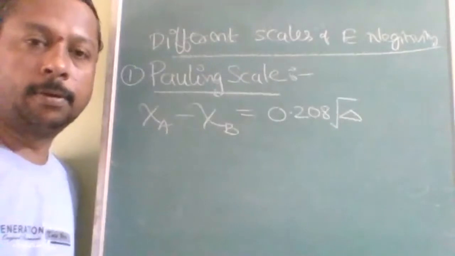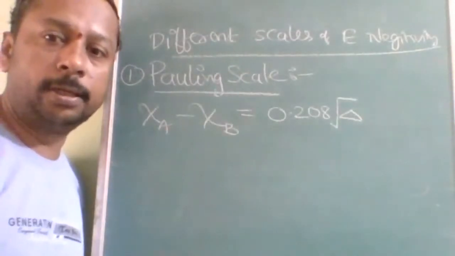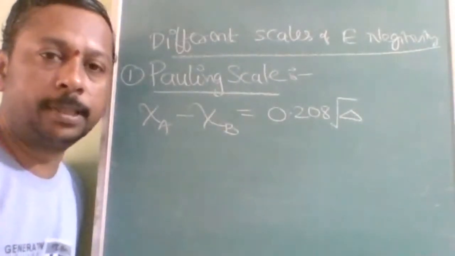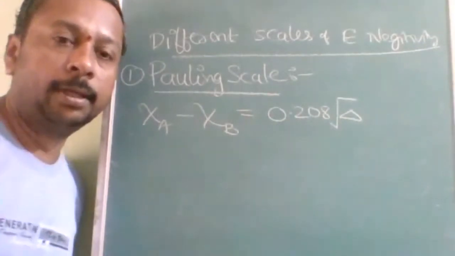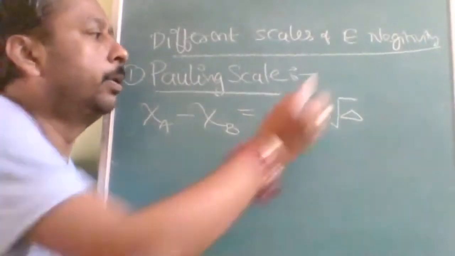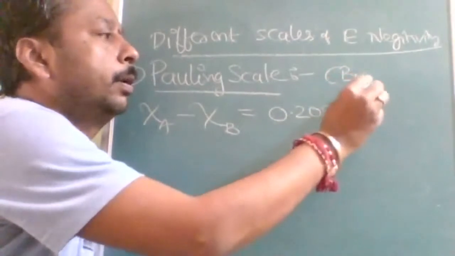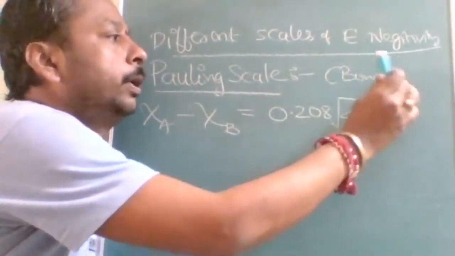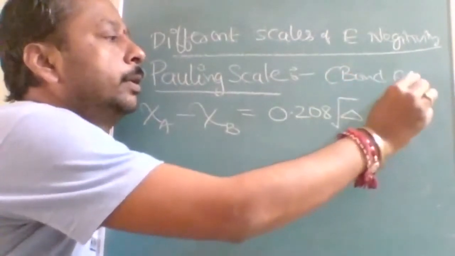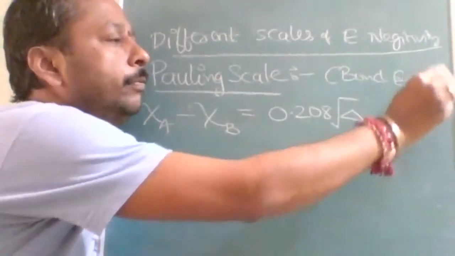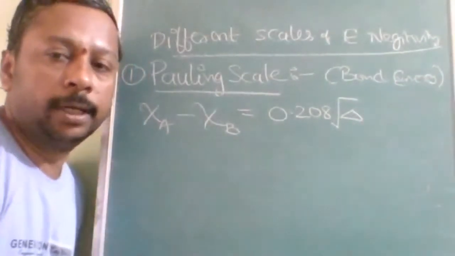First and most adopted scale is the Pauling scale. The Pauling scale depends on bond energy. It takes into consideration bond energy for comparing electronegativity.